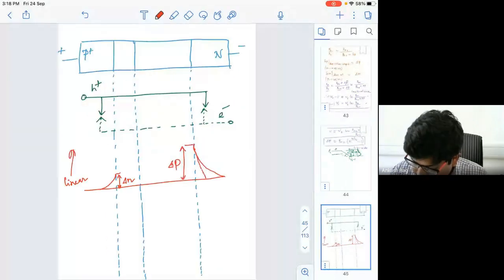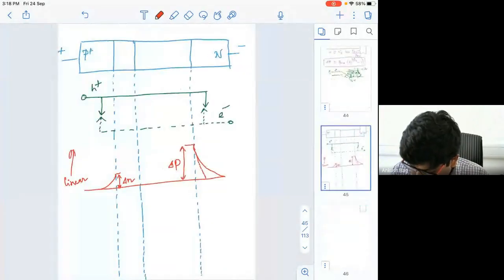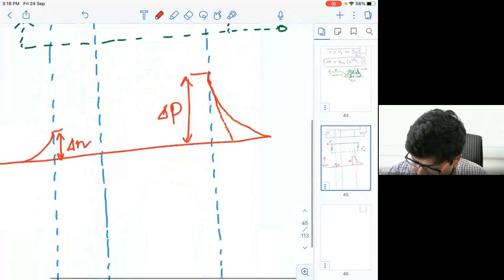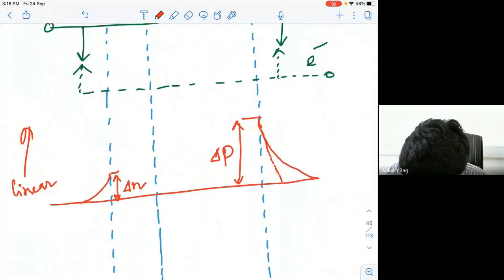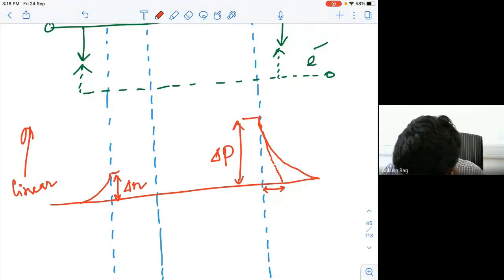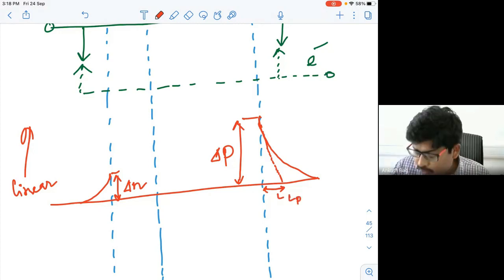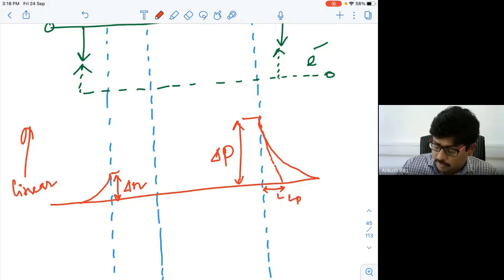This is exponential, sorry. So this length is called LP, the diffusion length of your holes.